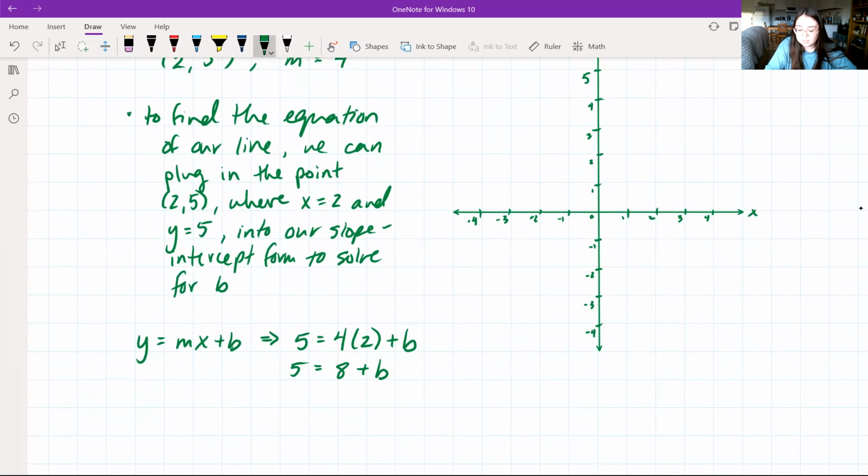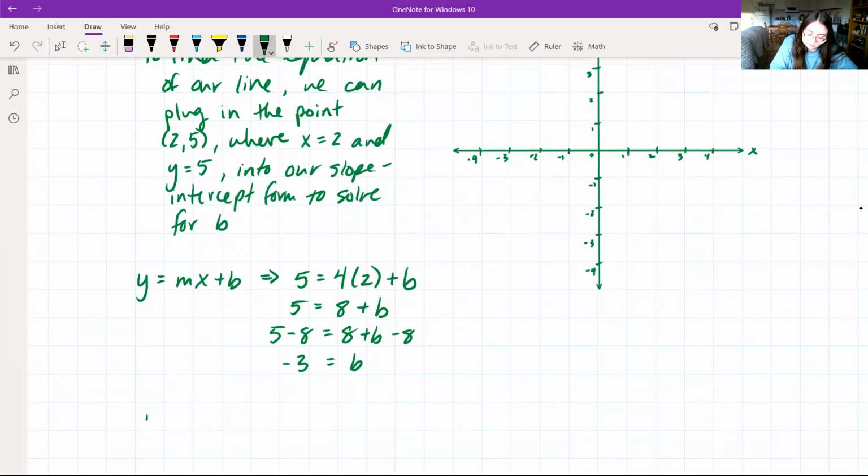We want to get rid of our 8, so we will subtract 8 from both sides to get 5 minus 8, which is going to be -3, is equal to b. So we have that b is equal to -3, which means that our y-intercept is at (0, -3).